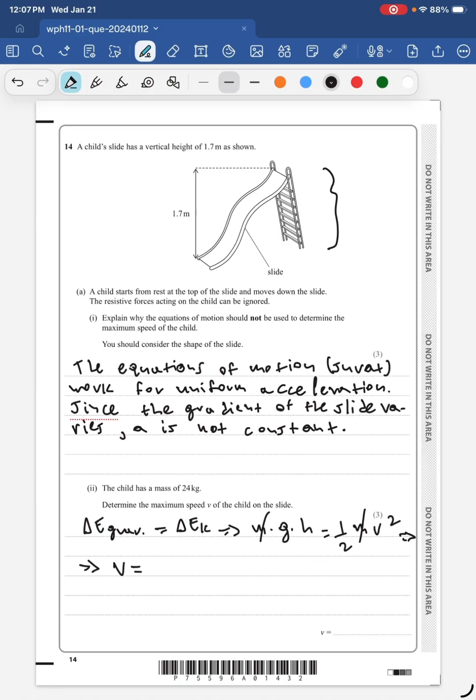But anyway, v is just the square root of 2 times g times h, which is equal to the square root of 2 times 9.81 times 1.7 meters. And if you use your calculator, you're going to find 5.78 meters per second.